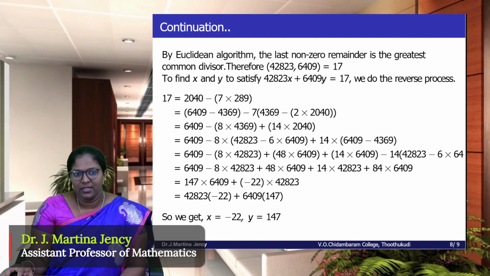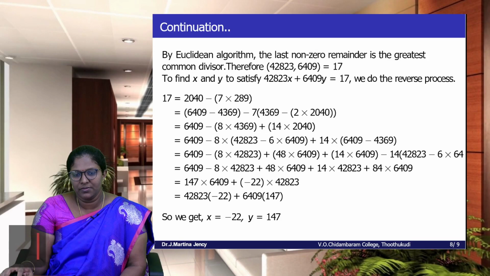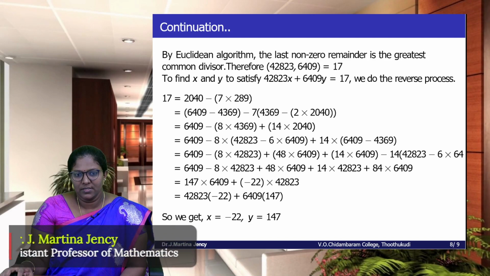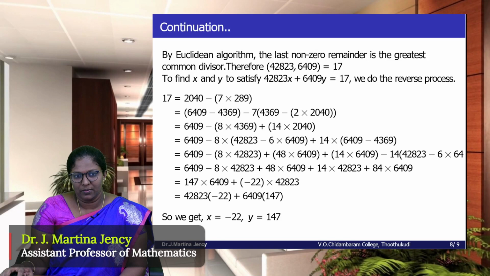Next, to find x and y to satisfy the relation 42,823x plus 6,409y equals 17, we do the reverse process. In the previous steps, we have expressed the number as bq plus r. From each step you can write the remainder, for example 17 equals 2040 minus 7 times 289.